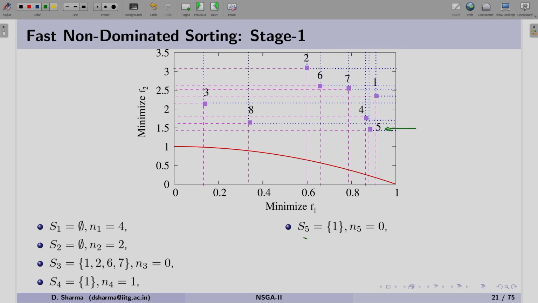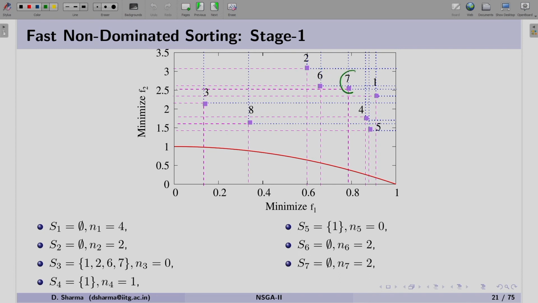Solution 5 dominates 1 and N5 is 0, meaning it is a non-dominated solution. Similarly, if we look at solution number 6, S6 is an empty set, meaning it is not dominating any solution, and N6 is 2, meaning it is dominated by solutions 3 and 8.